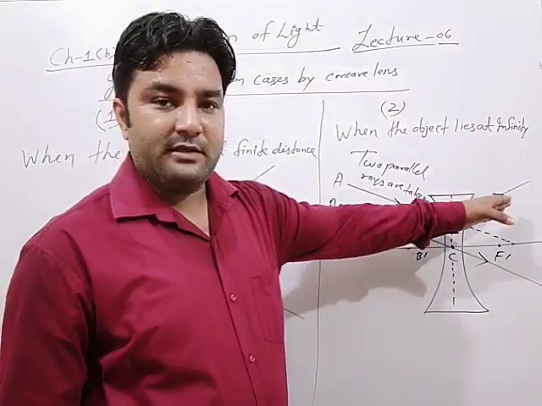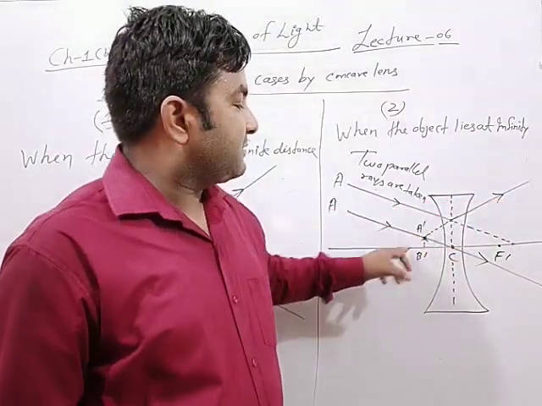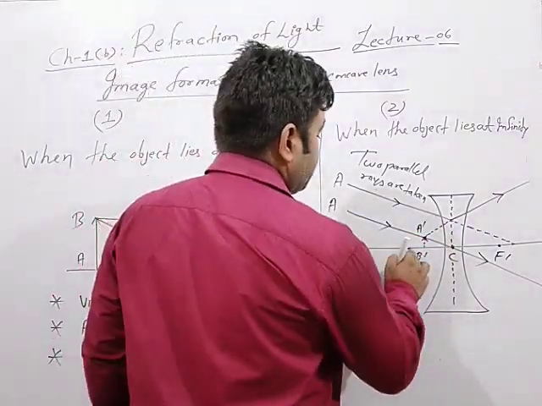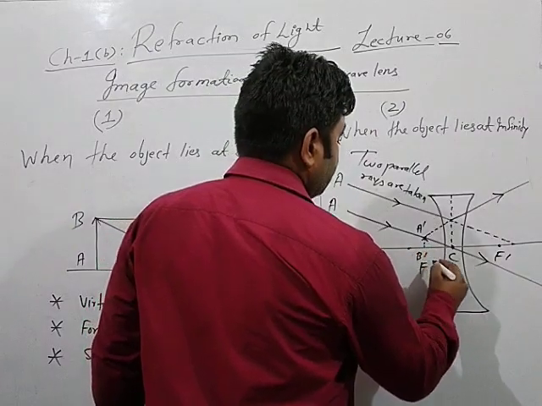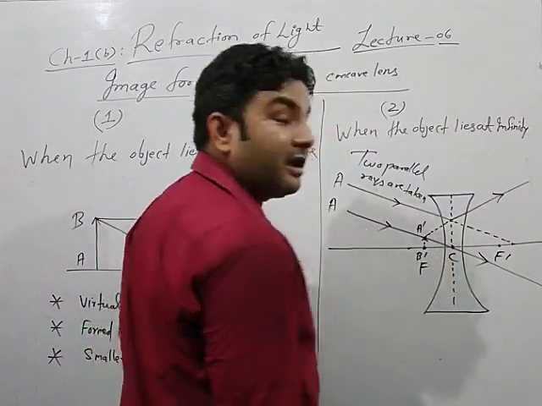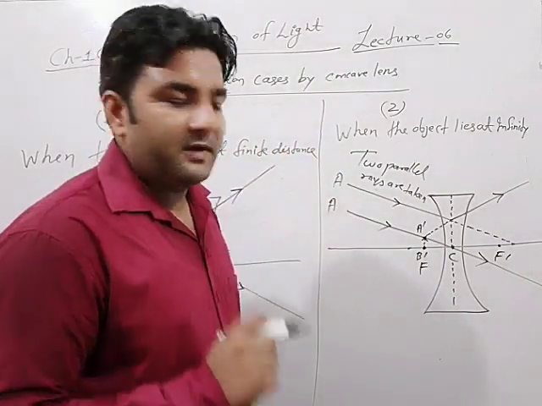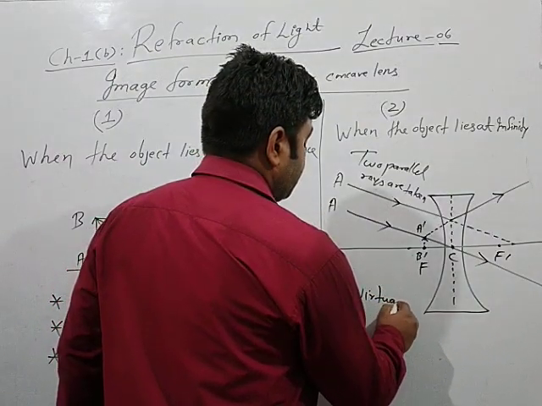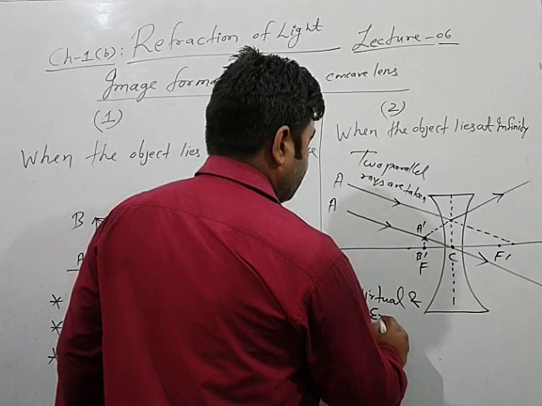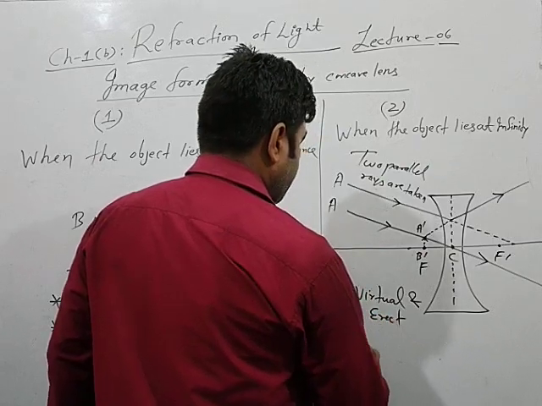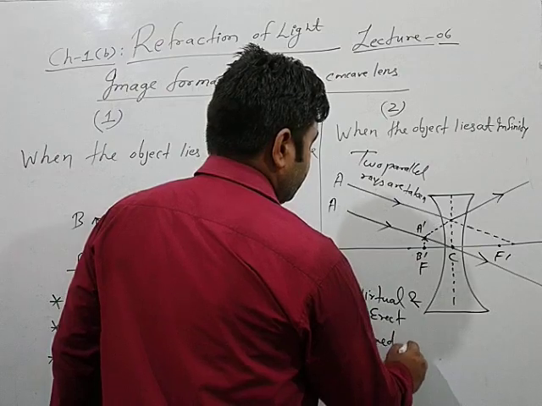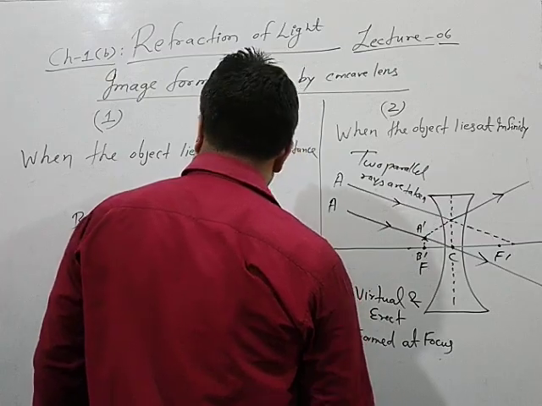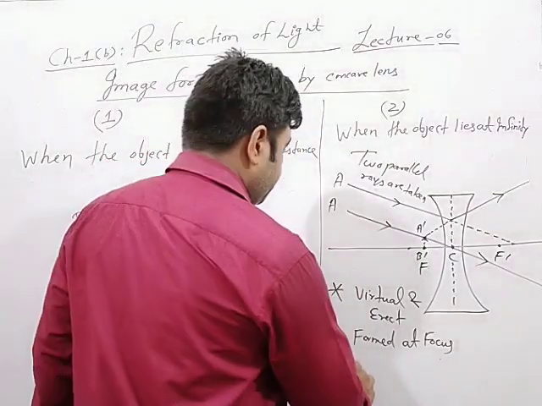So when the refracted ray is proceeded backside, it meets at this point, and at this point the image is formed. This is the focus point, and the size of image is very small. So three concepts about image: virtual and erect, second, formed at focus, and third, much smaller than the object size.